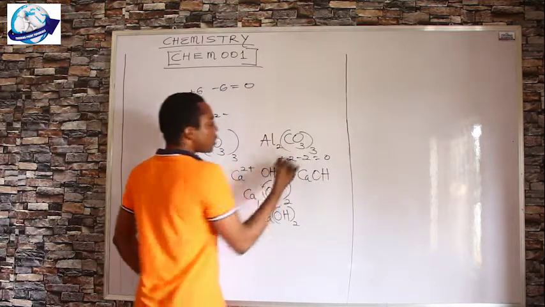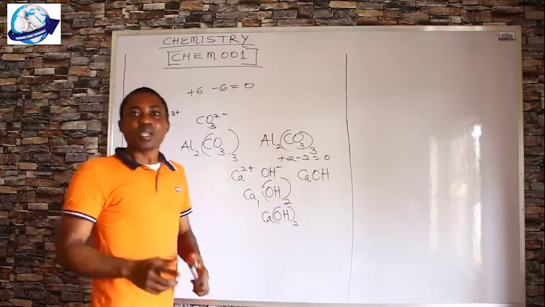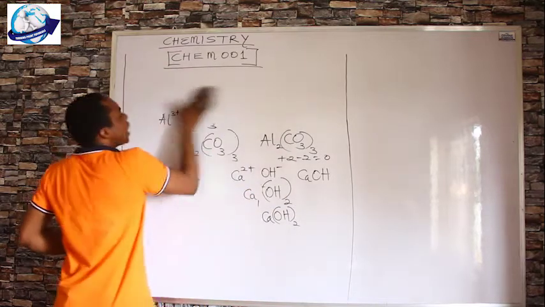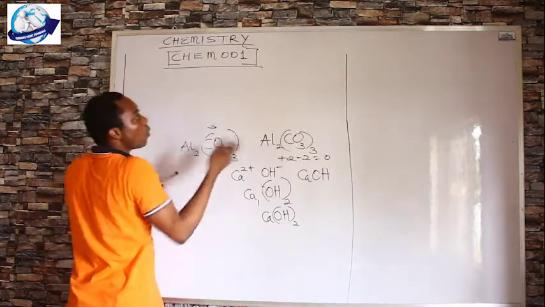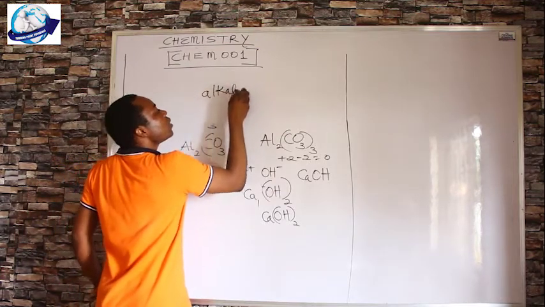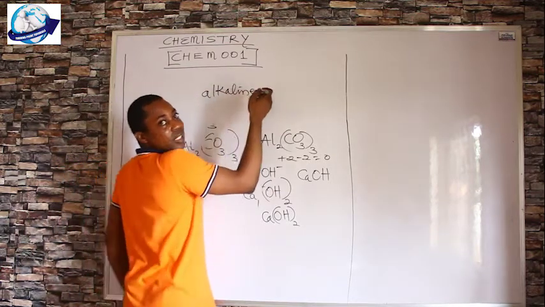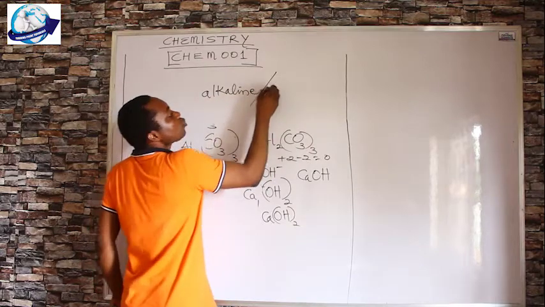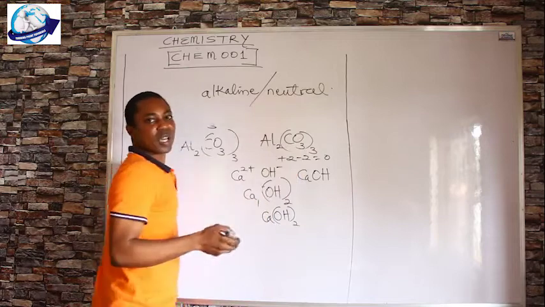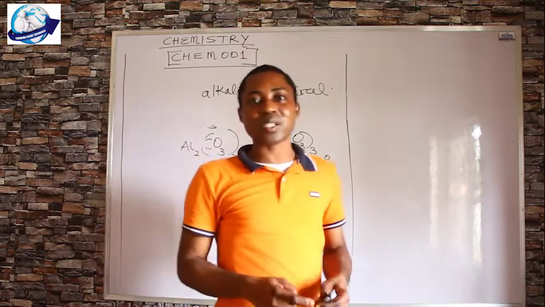Now, when you are balancing a redox reaction, you will be asked in your exam to balance it in acidic medium, or you can balance it in alkaline. Alkaline means base, or neutral medium. So there are two media to actually carry out the balancing.